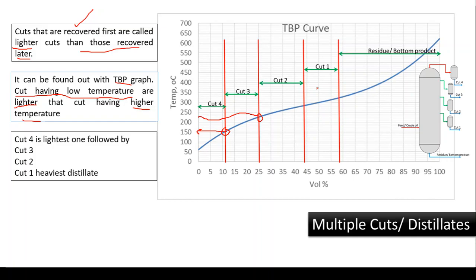We can even compare two cuts, for example cut 1 and cut 2: cut 2 is lighter and cut 1 is the heavier one. So these are the important concepts in the TBP graph for multiple cuts: which one is lighter and which one is heavier. You have to be very careful about that. Their ranges are given here, so then we can calculate many other things. So this is all about the multiple cuts. Thank you very much.